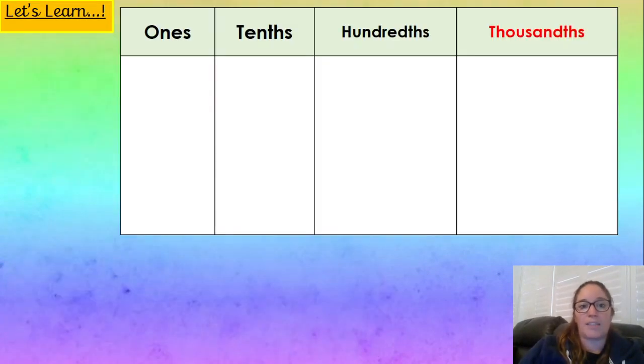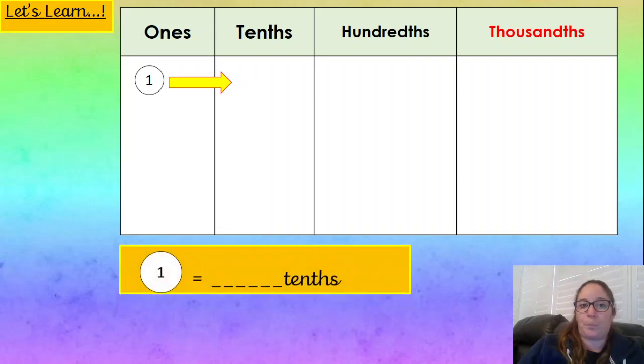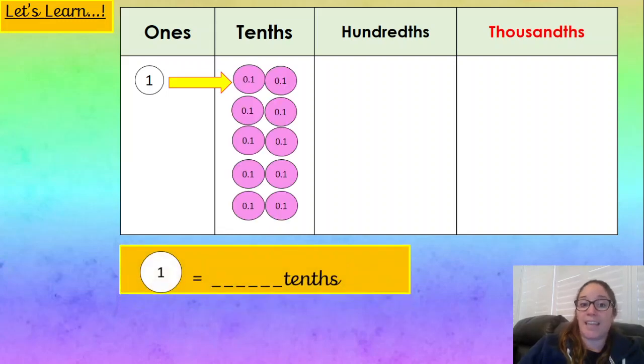So with that in mind, we've got one whole. How many tenths will be in one whole? Okay, it's 10 tenths, because we divide 1 by 10 and it gives us 0.1. So we've got 10 tenths make one whole.